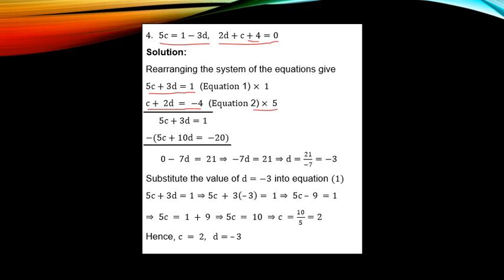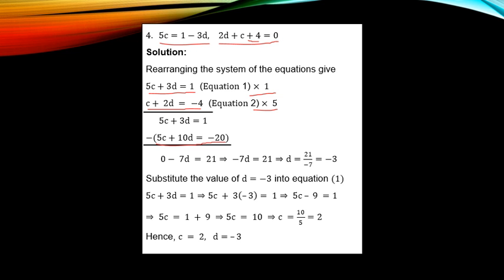So to get 5 in equation 1, multiply equation 1 by 1. To get 5 in equation 2, multiply equation 2 by 5. If you multiply equation 1 by 1, it remains the same. If you multiply equation 2 by 5, you have 5c plus 10d equal to minus 20.